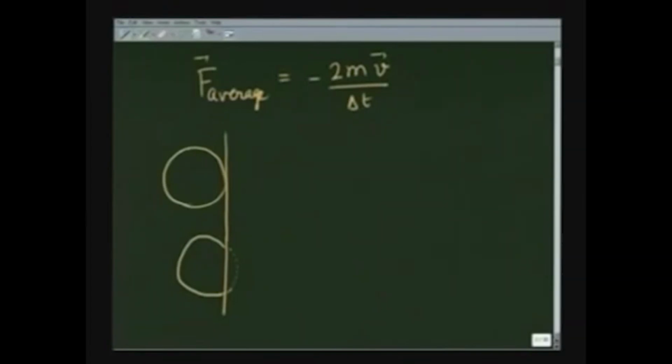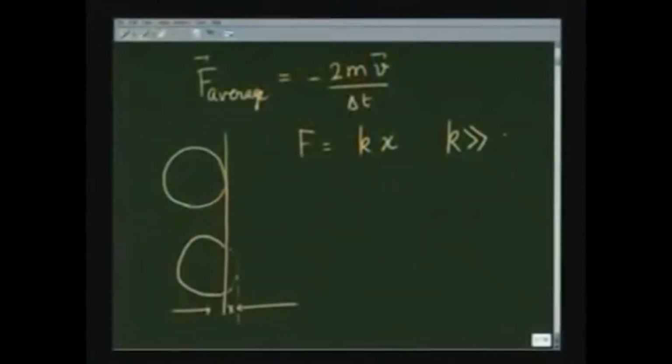and the force it applies after being squeezed by an amount x, this being x, is F equals kx, and since this is a hard wall, k is much greater than 0. It's a very large number. So it's like a very hard spring.